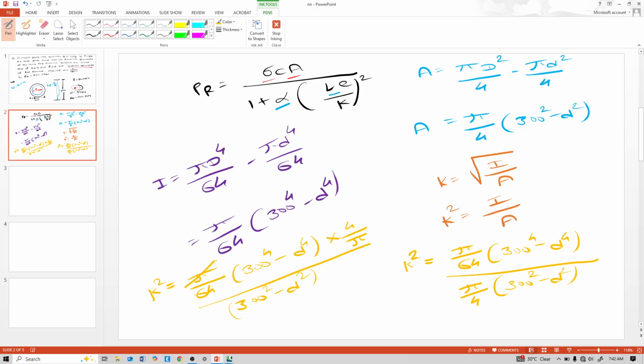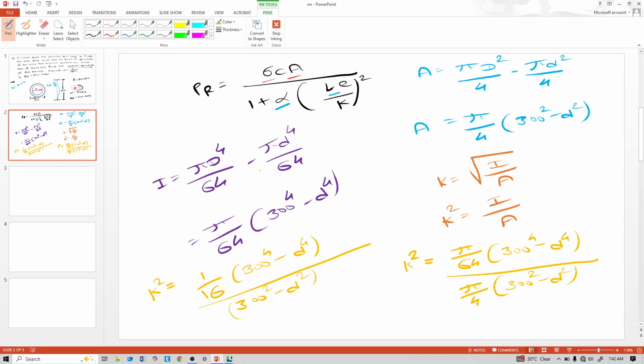So this pi gets cancelled and 64 upon 4 is 16. So 1 upon 16 is remaining.